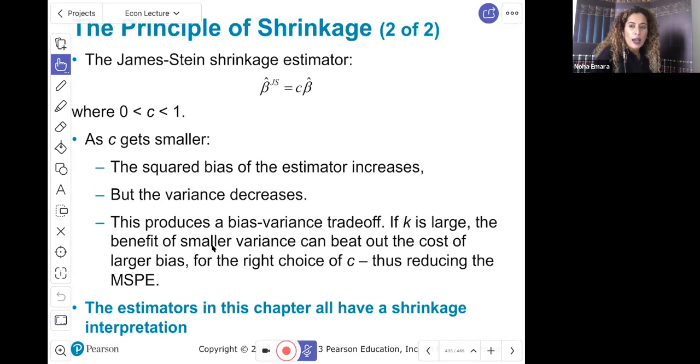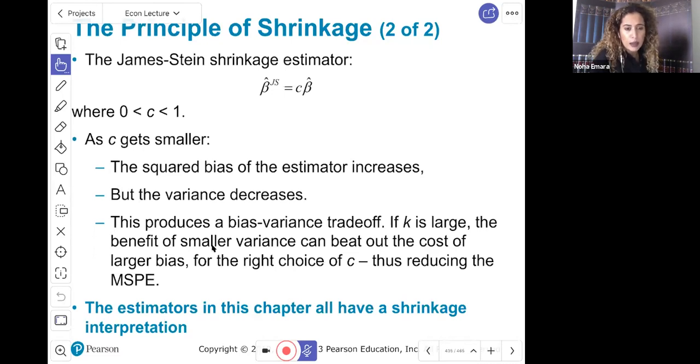So I have to think about this trade-off. Would the increase in efficiency overcome the negative effect, which is the increase in the bias? If yes, then just go for this shrinkage parameter.